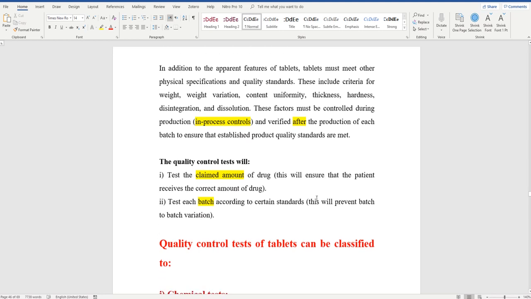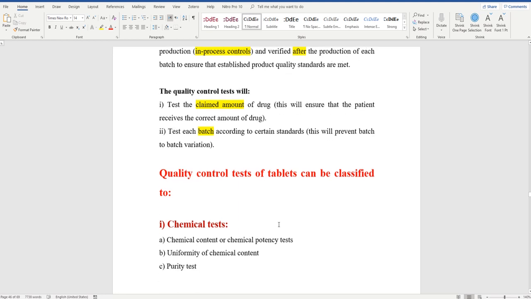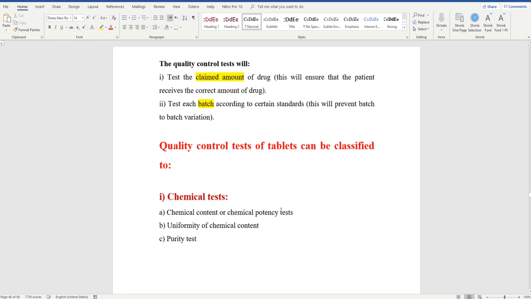If you remember, in our last lecture, we classified the quality control tests into 3 categories. The first is the chemical tests. We discussed that under chemical tests, there are 3 different tests that we can do. One is the chemical content or chemical potency test, and the other one is uniformity of chemical content.